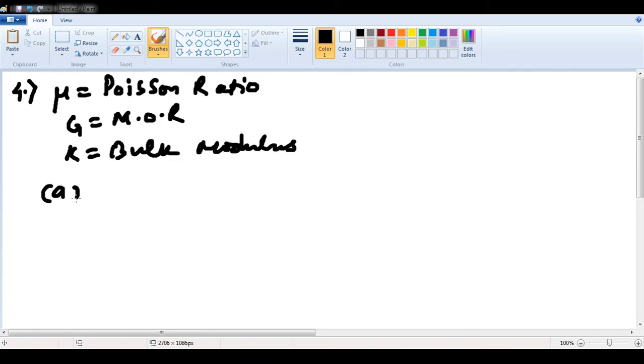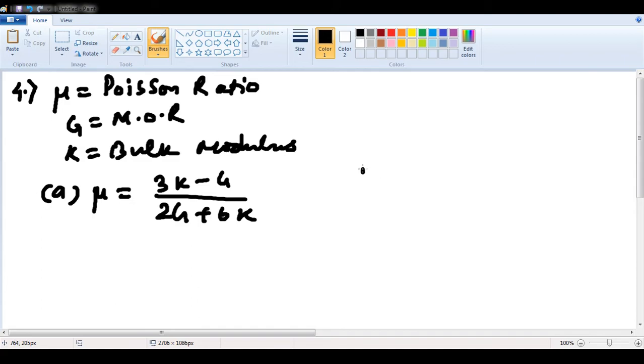Then option A: mu is equal to 3K minus G by 2G plus 6K. This is one value given. I'll write the options down so that parallelly I can solve.